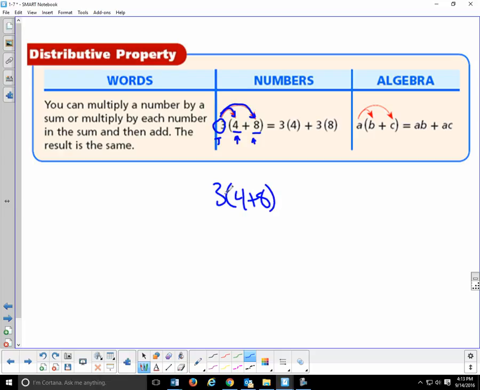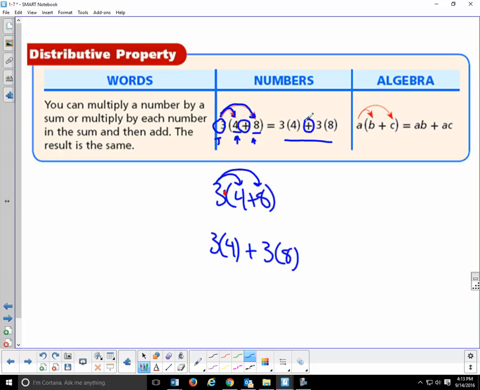What that says is we do multiplication. So that multiplication sign is there. And we're going to do 3 times 4. This is shown right here. 3 times 4. And we're going to do 3 times 8. Plus 3 times 8. And the only reason it's plus is because there's a plus right here. So that stays there.